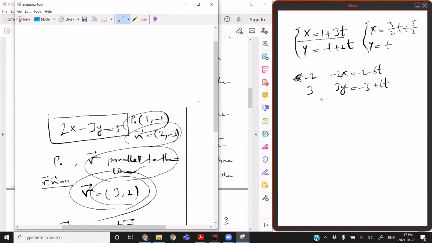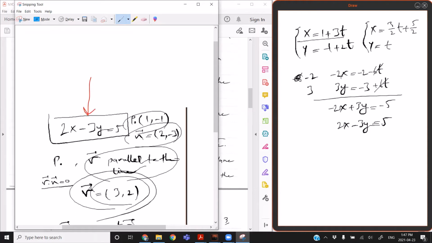And now if I add up the two sides, I get -2x plus 3y is equal, these two cancel out, -5. And if I multiply both sides of this by -1, I get 2x minus 3y is equal 5. So I get the equation that I began with. Yes, 2x minus 3y is equal 5.